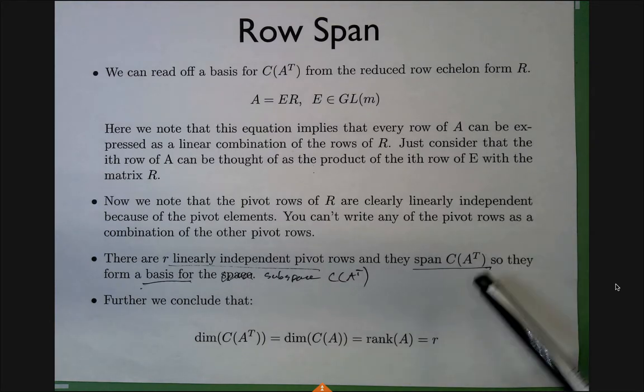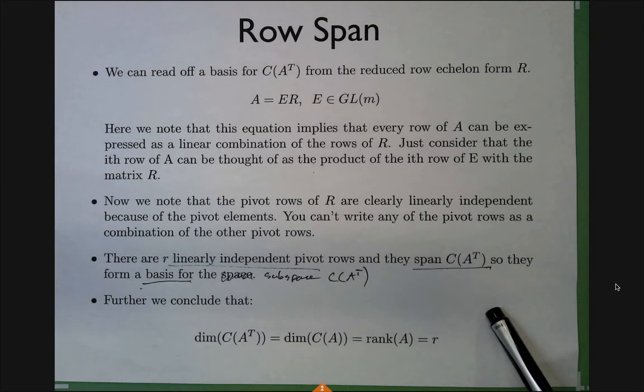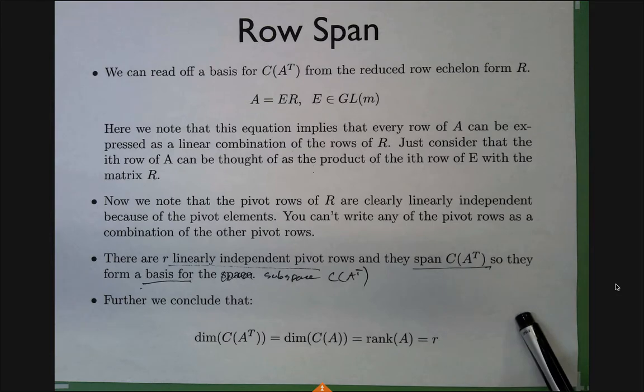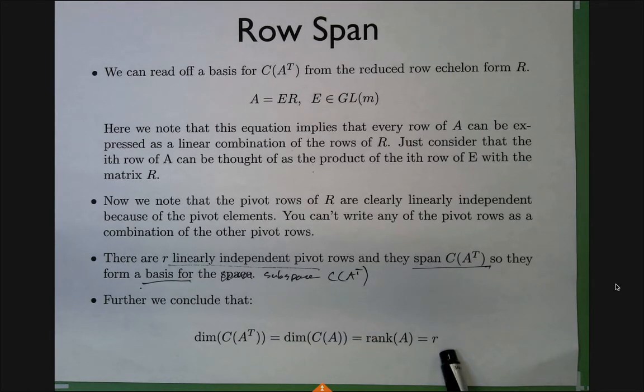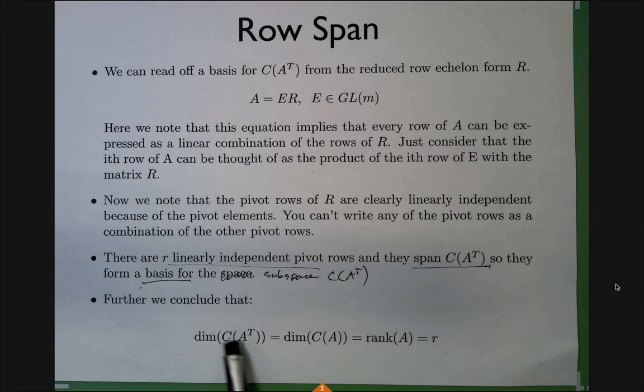And if you put it together with what we said before on Wednesday last week, then clearly the dimension of this subspace, the row space of the matrix, is R, right? The same thing was true for the column span. So if you put it all together, it doesn't matter if you are looking at the dimension of the row span or column span. They both have the same dimension, and that happens to be R. So it's beautifully symmetric.